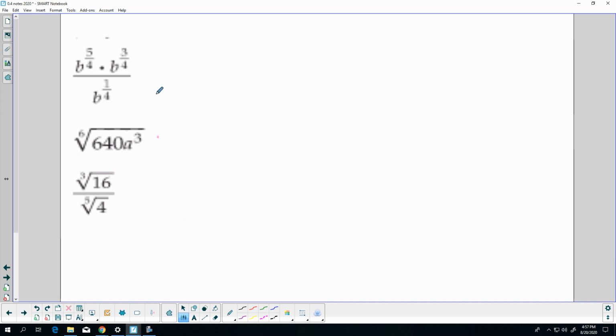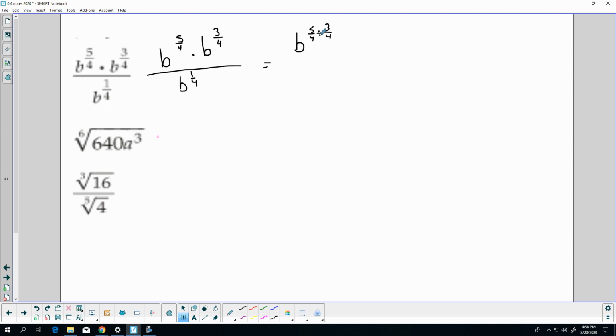On our next example, I know it's a little hard to read, so I'm going to rewrite that. B to the 5/4 times B to the 3/4 all over B to the 1/4. Well, I'm multiplying the numerators, so it's going to be B to the 5/4 times 3/4.